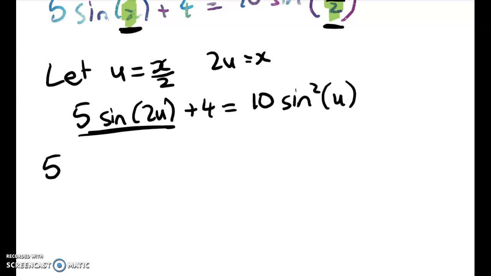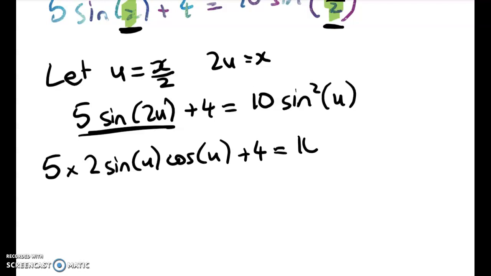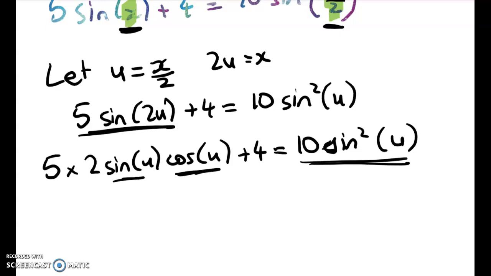Now the obvious thing to do here is to expand the sine 2u using the double angle formula for sine. There's only one thing to do there. It's not like cos of 2u. And looking at this, you can see that we're heading towards some kind of quadratic. The problem is that we've got sine and we've got cosine mixed up together, and there's not really much we can do about that.